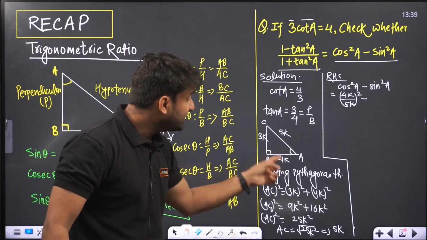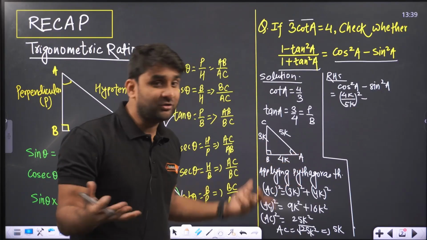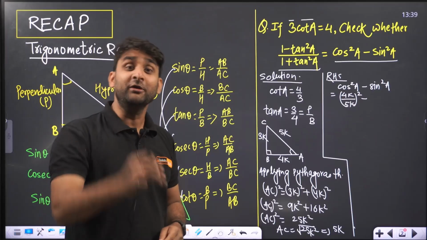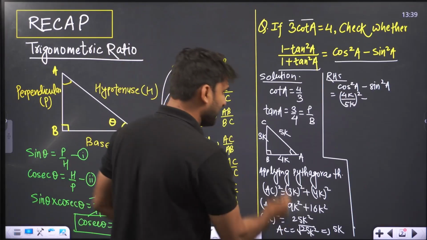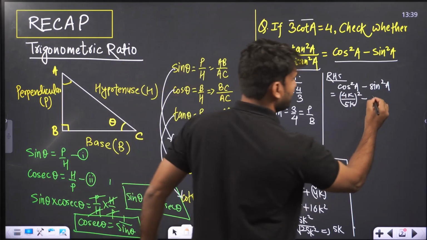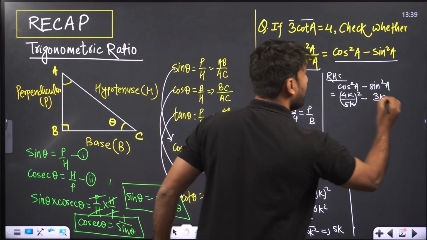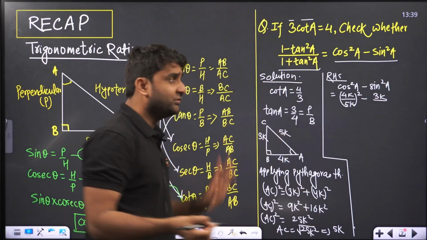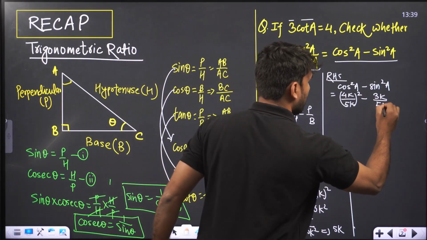Why? Because AB is base and hypotenuse is fixed, so the remaining third side will be perpendicular. So perpendicular we have 3k. We can write 3k by hypotenuse, and hypotenuse is 5k, 5k whole square.